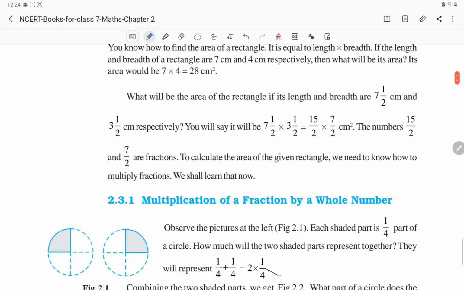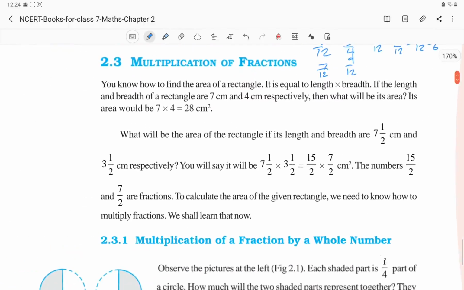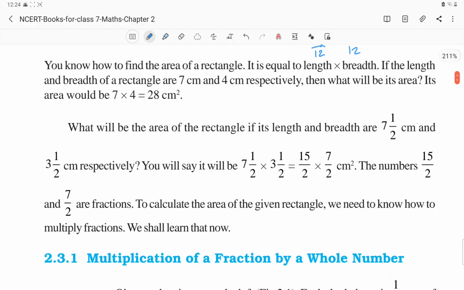What will be the area of a rectangle if its length and breadth are 7, 1 by 2 centimeter and 3, 1 by 2 centimeter respectively? For multiplication, just remember, it doesn't have to have the same denominator.